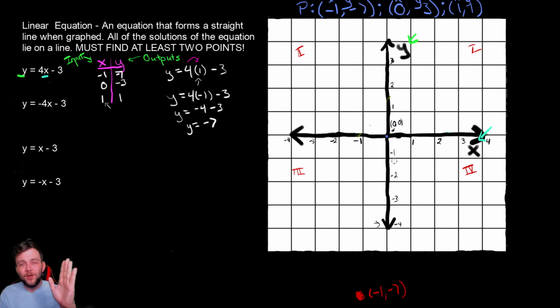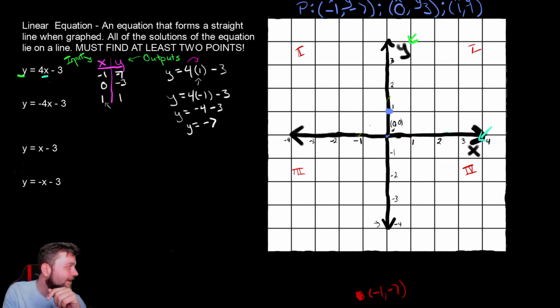So our second point is 0. Where do we move on that x line? Do we move anywhere left to right? Absolutely not. Our x is at a 0, so we don't move from left to right. But where do we move on the y? Well, it's -3. So our dot is right there on the y-axis.